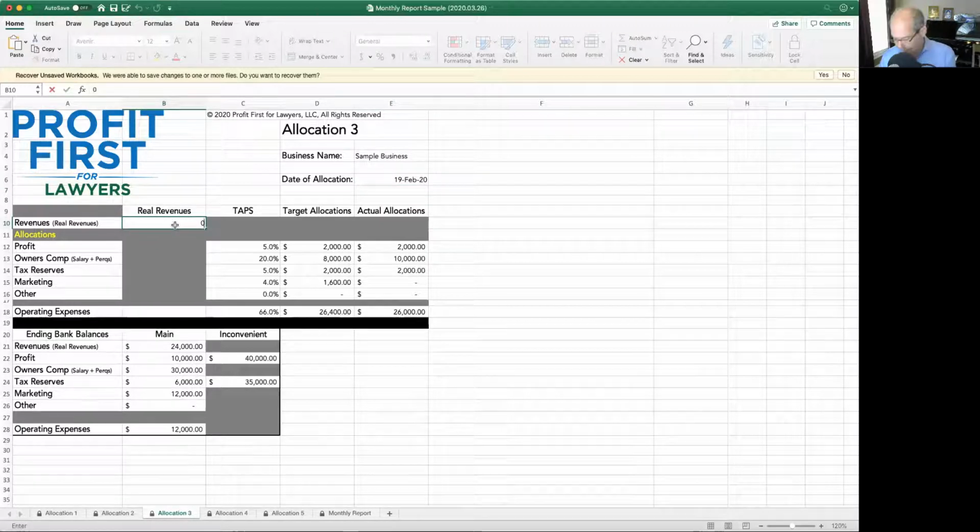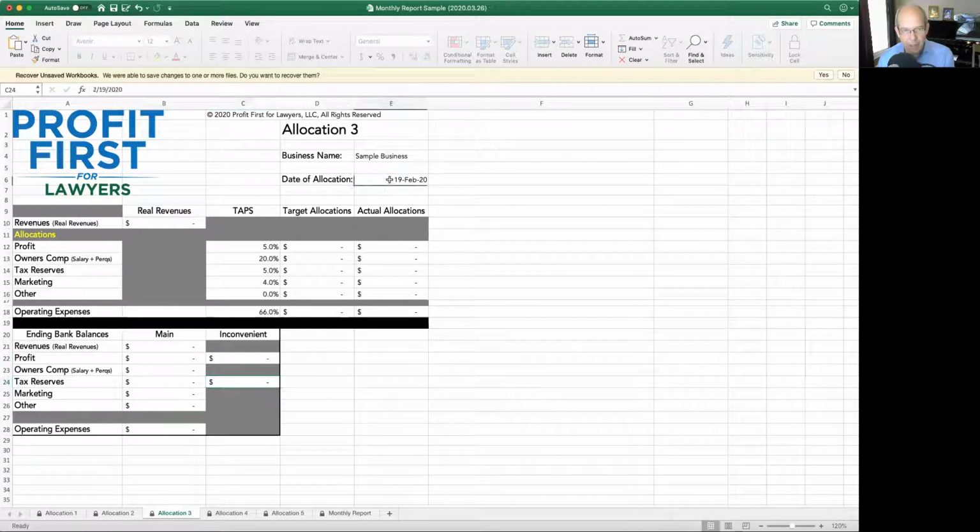We had 0. We're just going to put zeros in revenue. 0, 0, 0, no actual allocations. We cannot worry about the bank accounts, and these will all be zeroed for you in the file that you get. But this one's going to have no information.